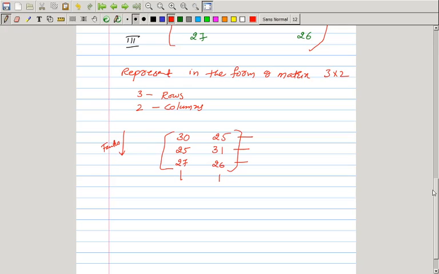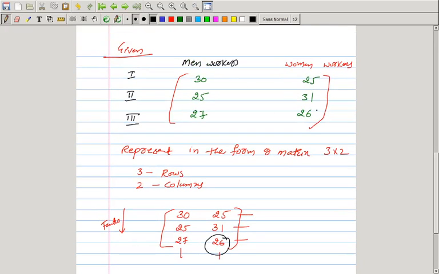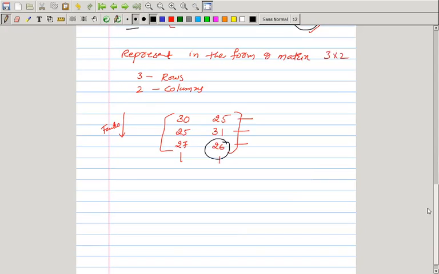And now another part in this question is, what does the entry in the third row and second column represent, right? Entry in third row, and second column. So this element, right? So what does this represent? So this element basically represents, if you go and see here, this element 26 is the women workers in factory number 3, right?